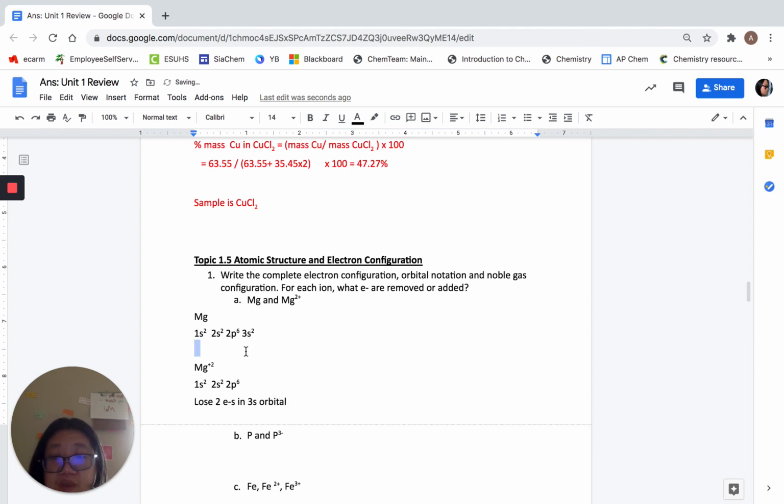Now the noble gas configuration would be Ne, and then you're just going to have 3s2.